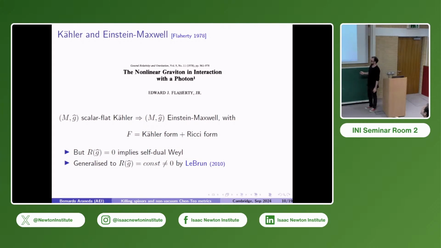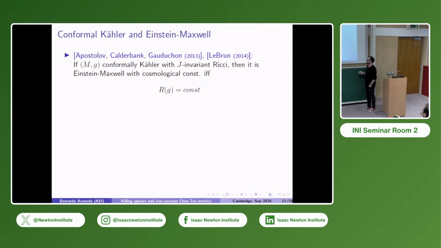There is a generalization by LeBrun to the case of constant but non-zero scalar curvature, but this is also not the thing we need. And the thing we need comes now, and this was yet another connection between Kähler geometry and Einstein-Maxwell.